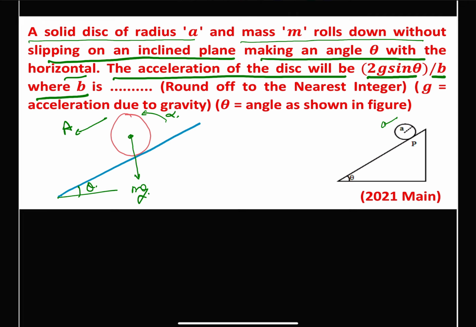Because it is without slipping, so pure rolling, for rolling we can write that the linear acceleration of the center of mass A will be equal to angular acceleration alpha times the radius, or we can say that alpha is equal to A upon small a.